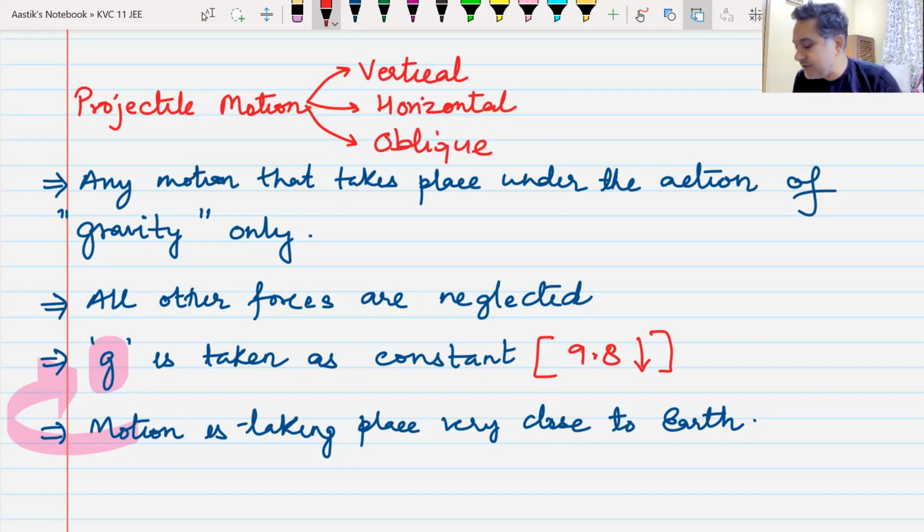Now, I have told you the three types of projectile motion. Have you done this projectile motion before? Yes, sir, in IP we have done.